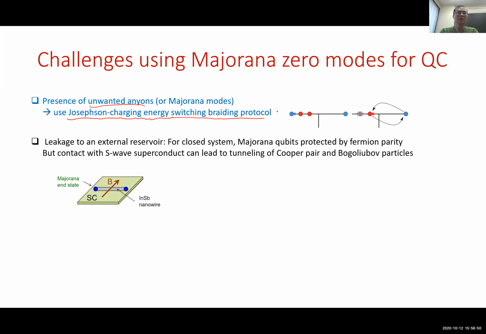A second problem could be that in this setup of semiconductors on top of a superconductor, there are Cooper pairs that could tunnel into the wire, and this is the external reservoir.